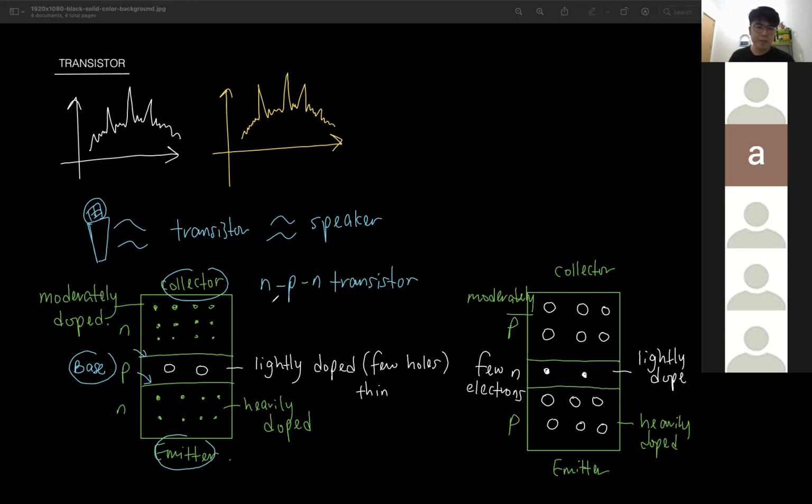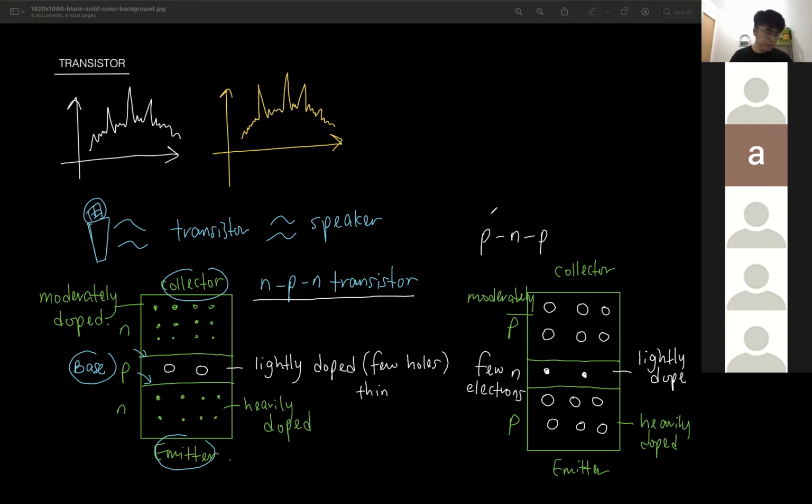Again, for the NPN transistor, the base has very few holes and it's very thin. And for the PNP, the base, in this case, has a few electrons, not holes, because it is N-type in the middle. Okay, so this is the basic structure of a transistor. We got two types, PNP and NPN, depending on how you mix it.